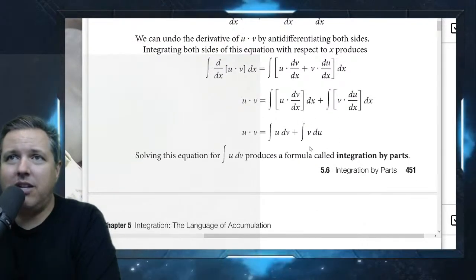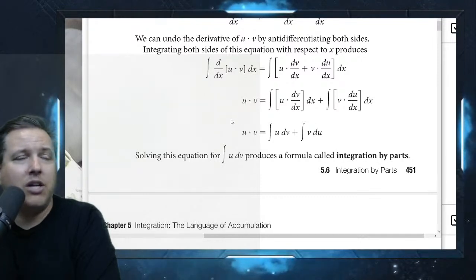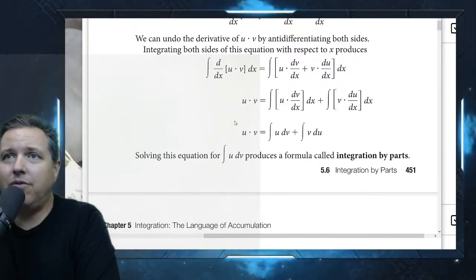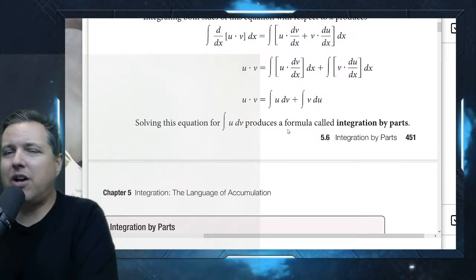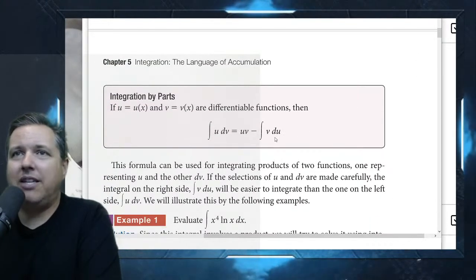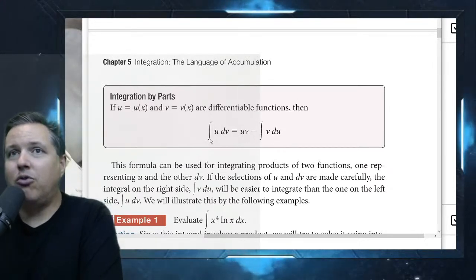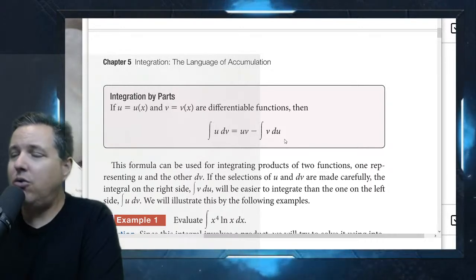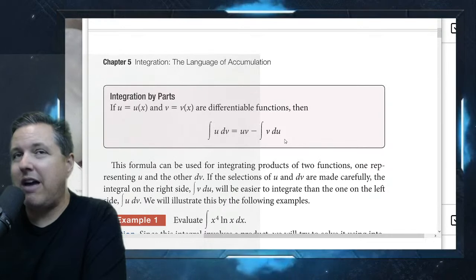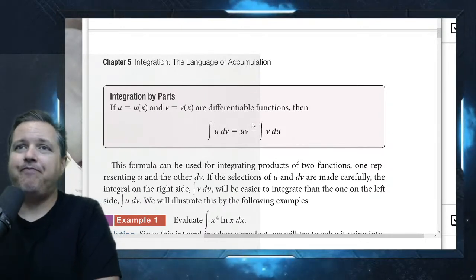And here is basically the formula you end up with. u times v is equal to the integral of u dv plus the integral of v du, which I know sounds complicated, but again, if you write this 30 times and you say it while you're writing it, the integral of u dv is equal to uv minus the integral of v du. You do that 30 times, you're going to have that totally memorized, okay?